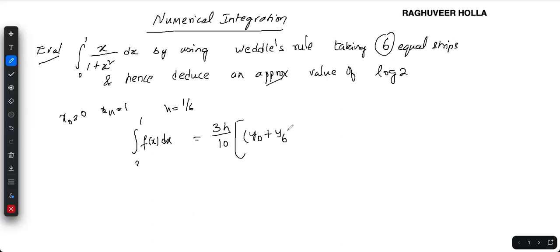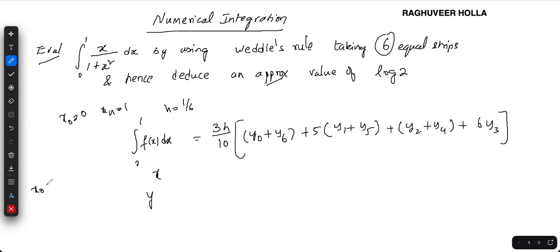Y naught plus y6, plus 5 times y1, plus y2, y4, plus 6 y3. So corresponding to your x, find y. So x naught is 0, so y naught will be x naught divided by 1 plus x naught square, which is 0.